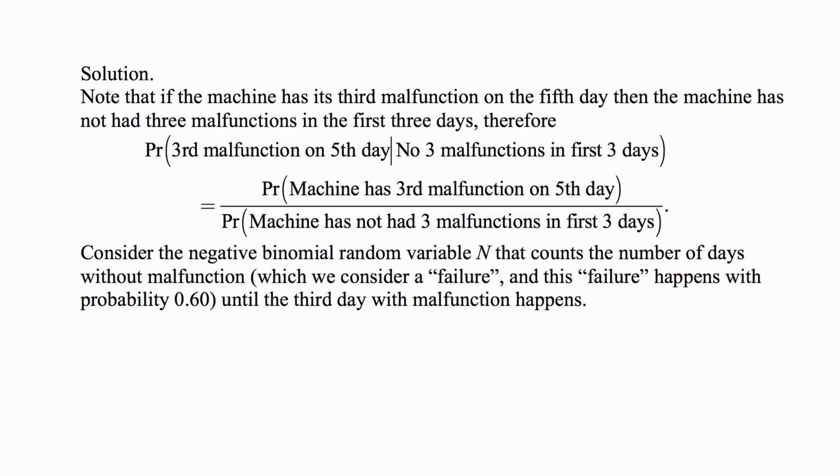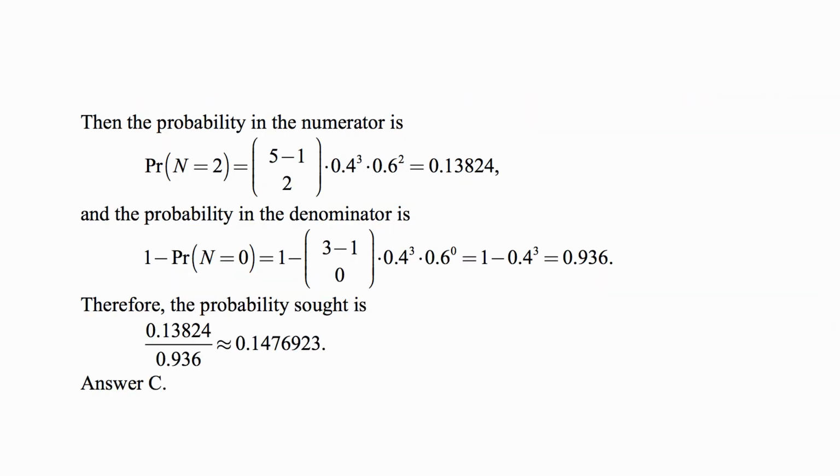So now consider the negative binomial random variable N that counts the number of days without malfunction, which we consider a failure, and this failure happens with probability 0.6, until the third day with malfunction happens, until the third success, and the success has probability of 0.4. Then the probability in the numerator of that expression is the probability that N is equal to 2.